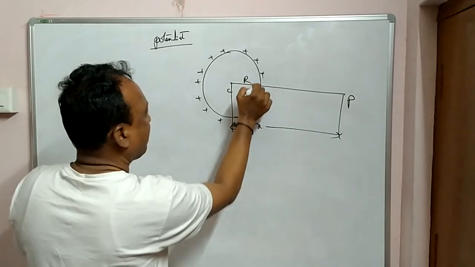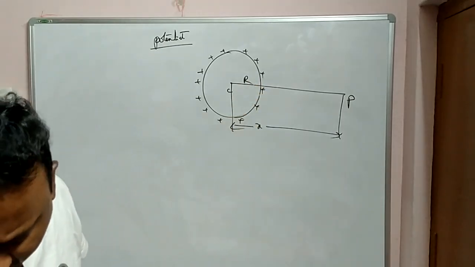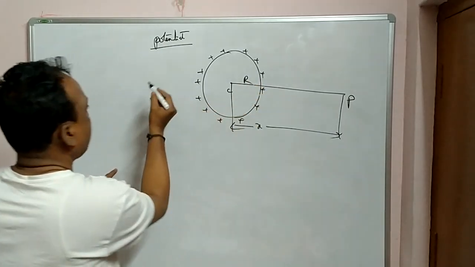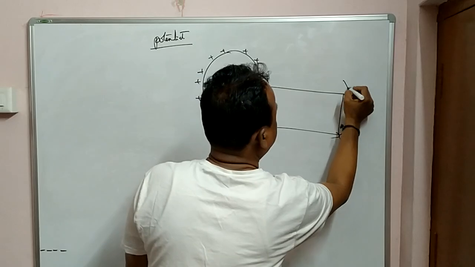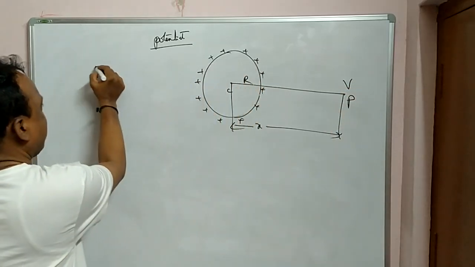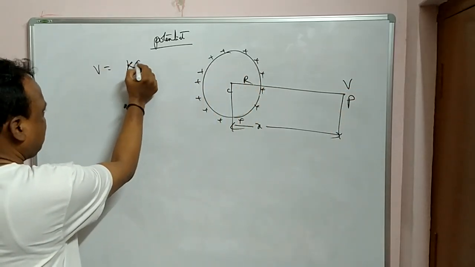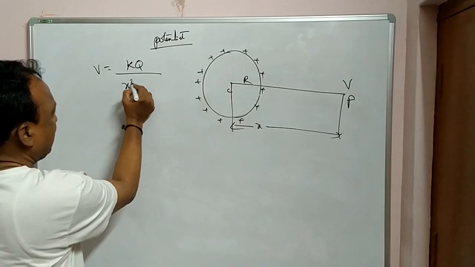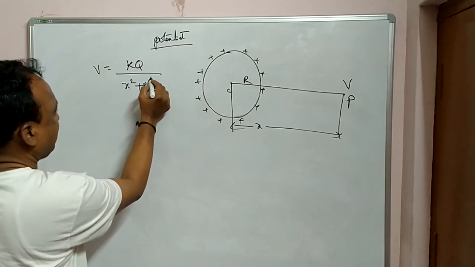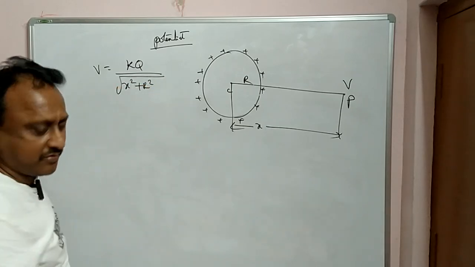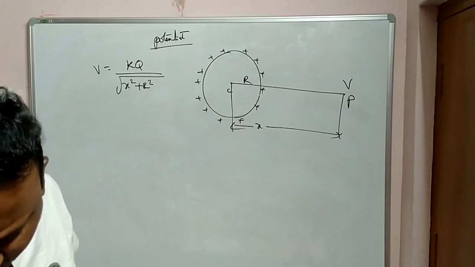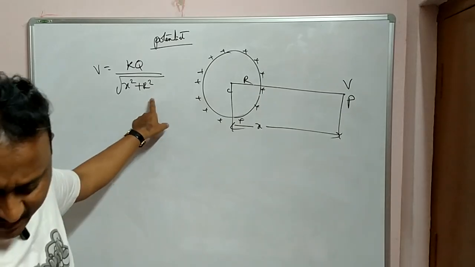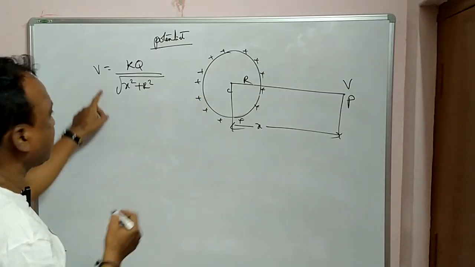Let the radius be capital R or small r. Now in such cases, how to get the potential at P? It is given by KQ by the square root of x square plus r square. So this is the potential at the point P.